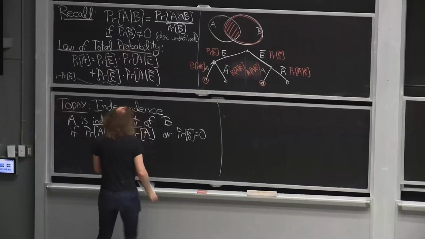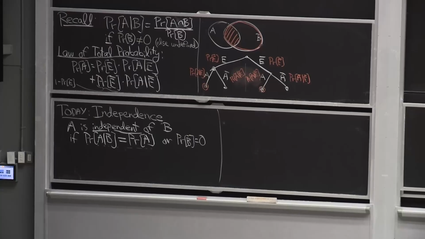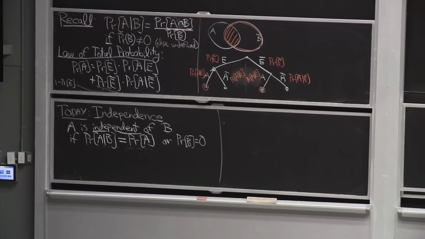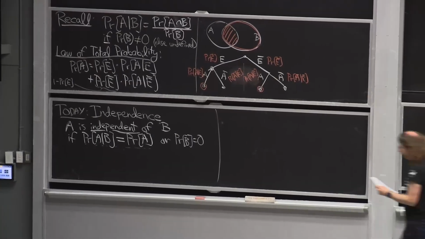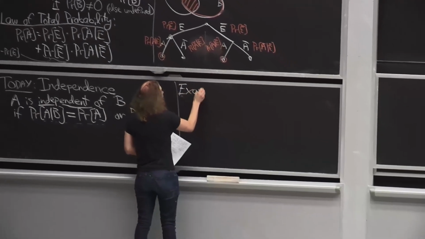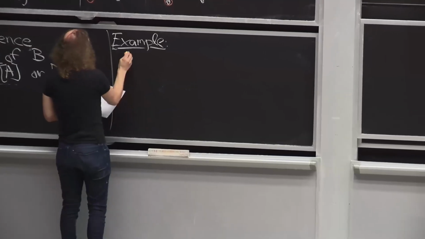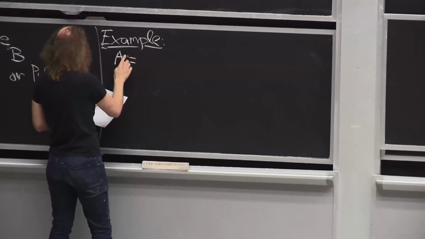Here is, wrong page, an example that gives you some intuition about why the Monty Hall problem comes out the way it does. So let's do Monty Hall. I'm going to define two events.